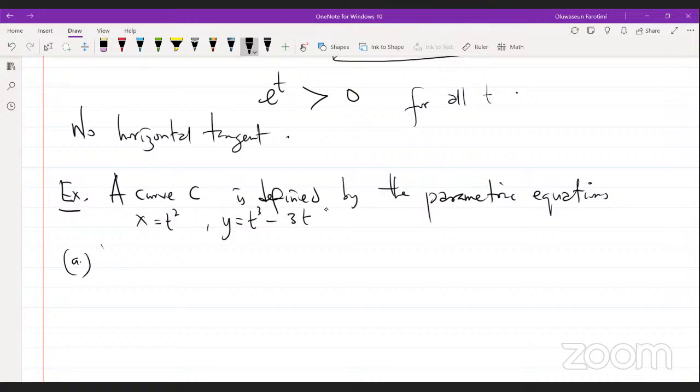The first question is this: find the tangents at the point (3, 0).